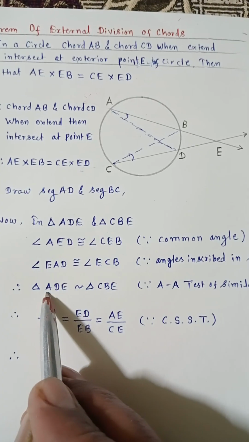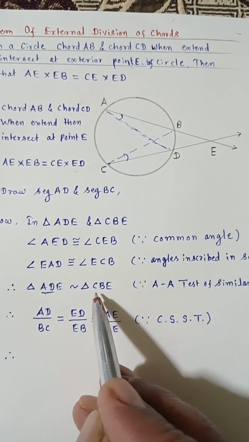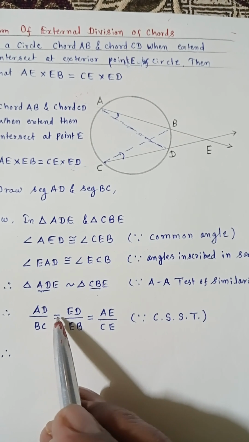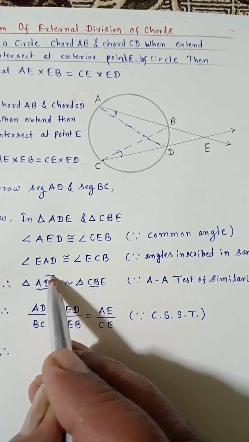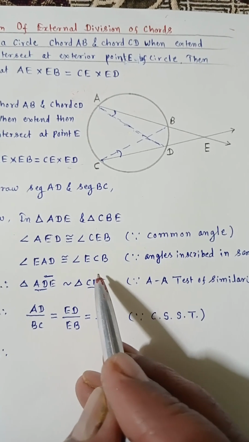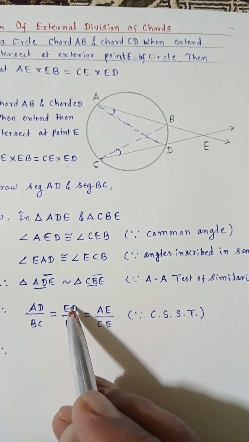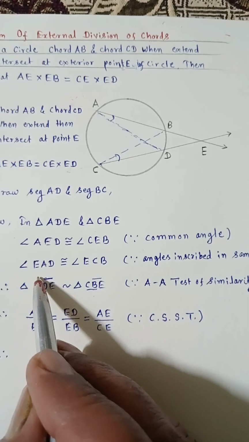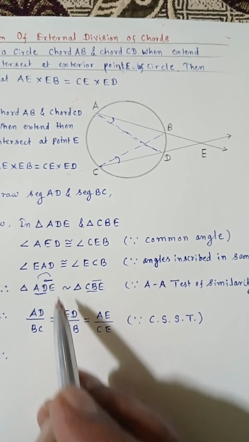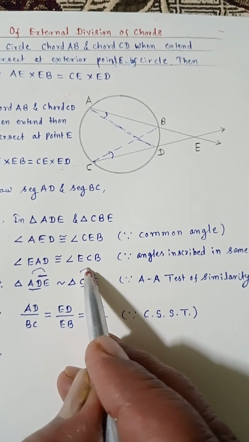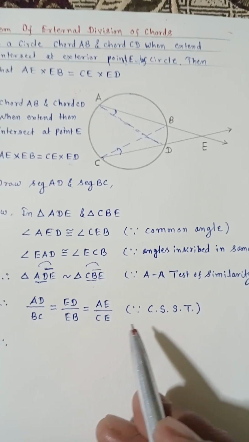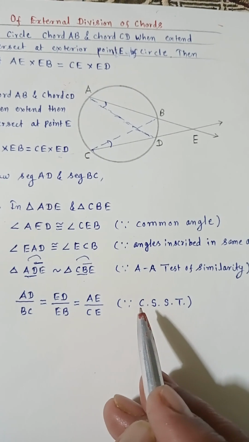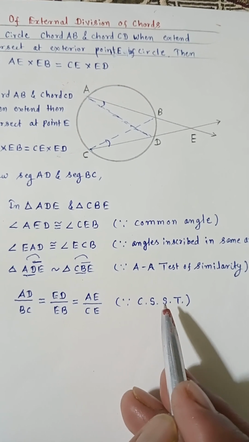AD upon BC is equal to ED upon EB, is equal to AE upon CE. Reason is CSST, corresponding sides of similar triangles.